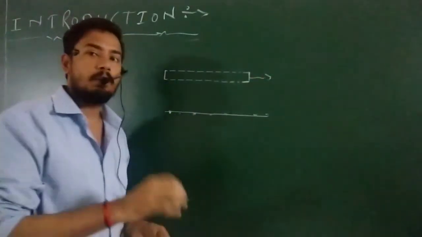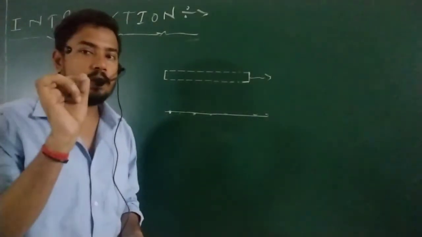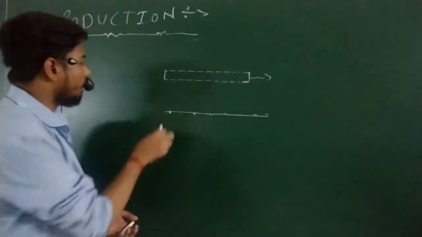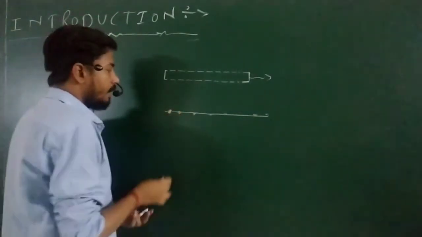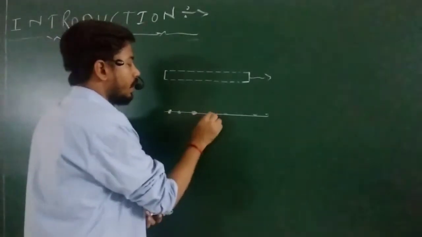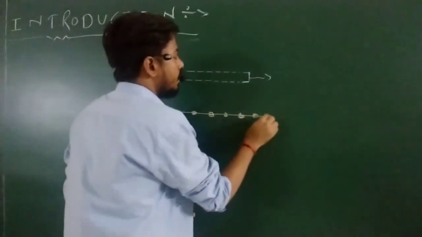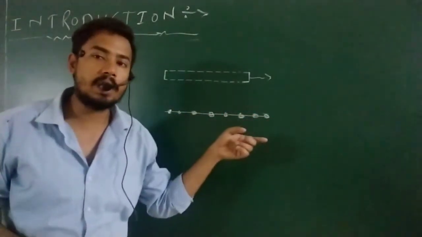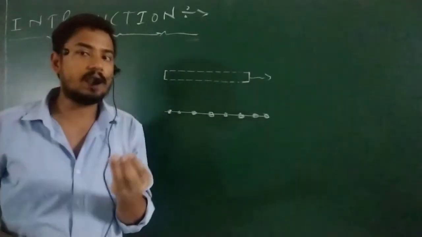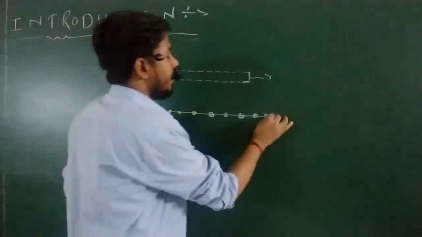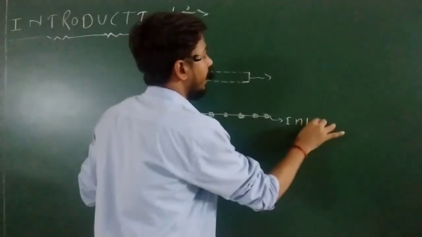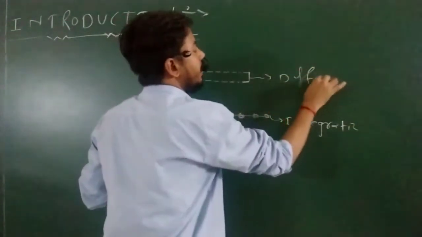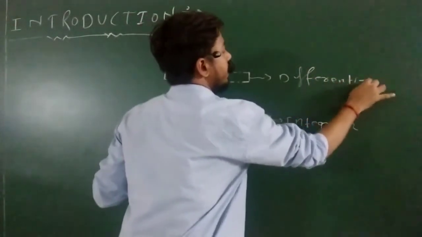So for division we can use one kind of mathematical function, called differentiation. Suppose we have one very small object, another, another, another. For addition of all these, we should use one mathematical function. This is called integration. So here we can use integration and here we can use differentiation. So I think this is clear, my dear.